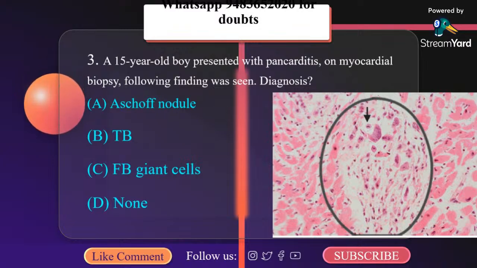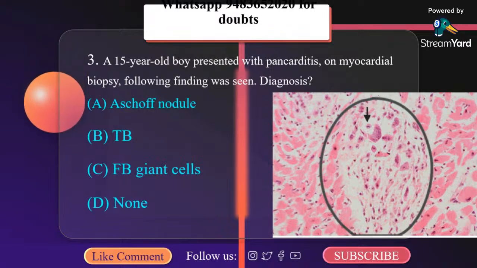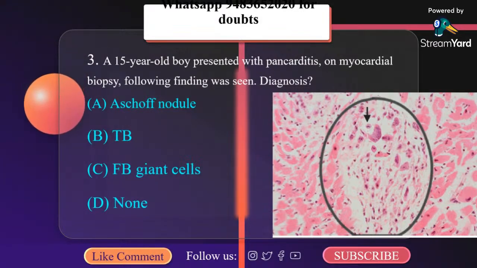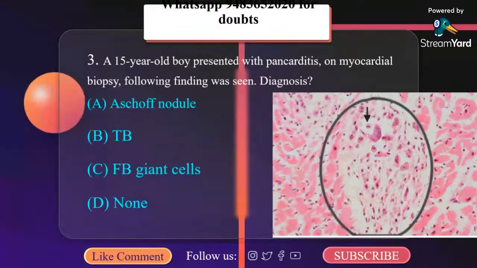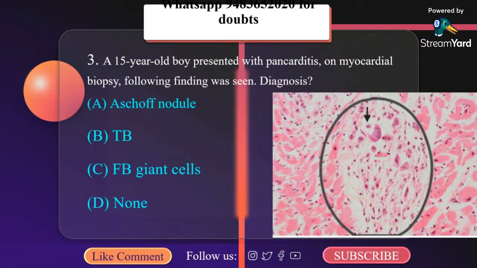Well, what do you see here in the image? Here you can see a collection of foci of swollen eosinophilic collagen surrounded by lymphocytes, primarily T lymphocytes, occasional plasma cells, Aschoff giant cells, and Aschoff cells.